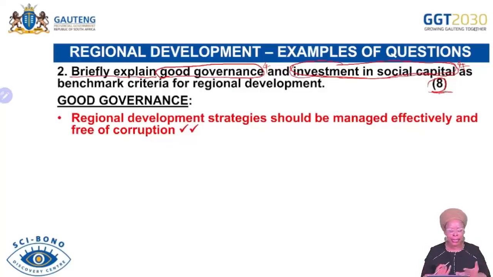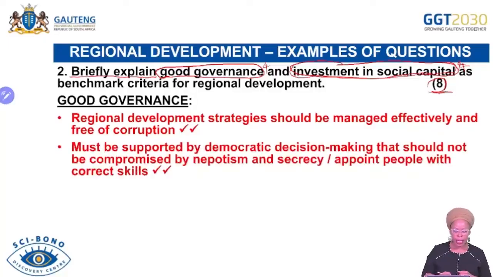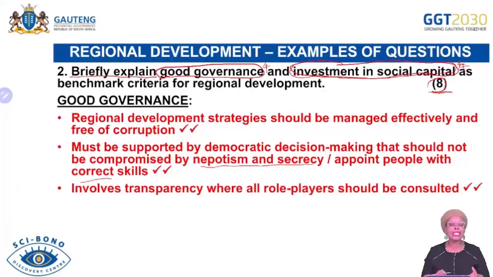You may mention that regional development strategies should be managed effectively and free of corruption. You will get your 2 marks. It must be supported by democratic decisions that should not be compromised by nepotism or secrecy, or people should be appointed who have the correct skills. You will get your 2 marks. So far, we have reached 4 marks. But you can even mention that it should involve transparency, where all role players should be consulted.